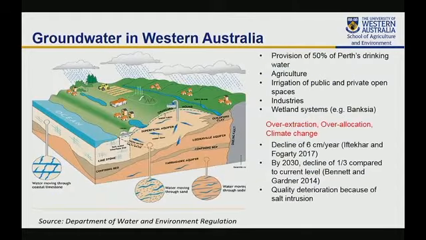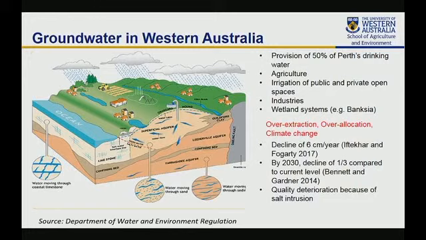In Western Australia, Gnangara Mount is the largest groundwater system, providing around 50% of Perth's drinking water. It also provides water for agriculture, for public irrigation, industries, and for wetland ecosystems.